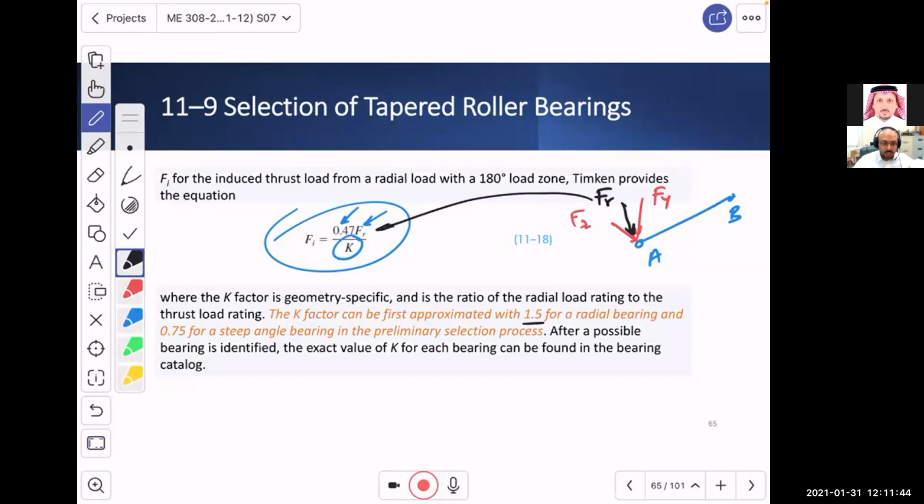And how funny it is, we are asking you what kind of bearings you should pick, and then we are asking you to know K. If you know K, this means you know the bearing. If you don't know the bearing, you don't know K. So we will use K as 1.5, and then we will teach you how to correct that.